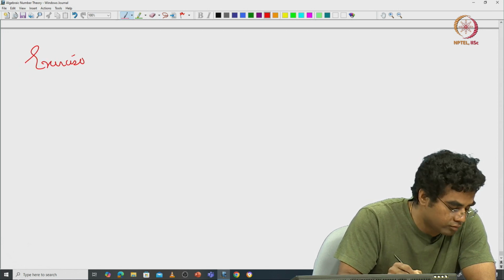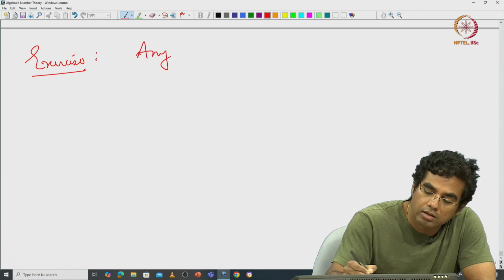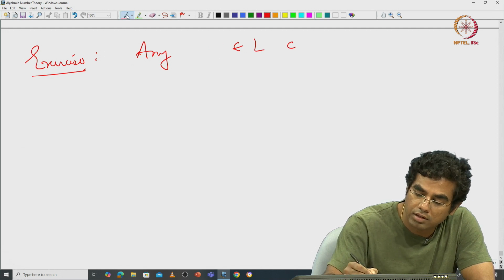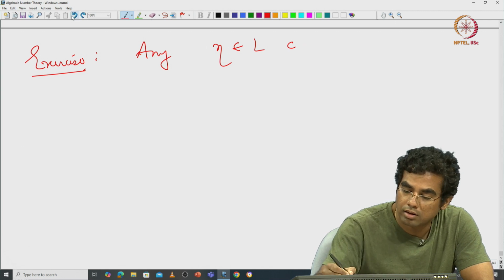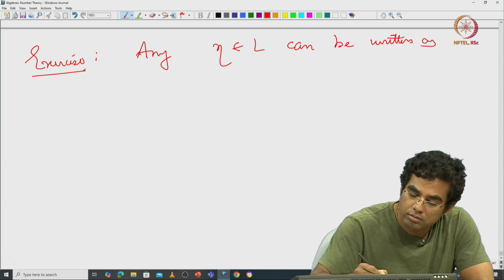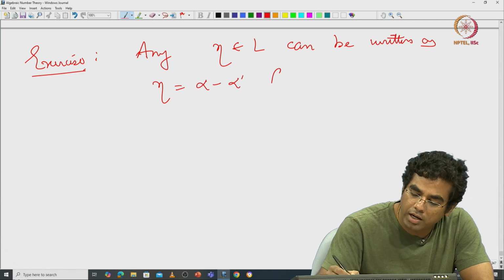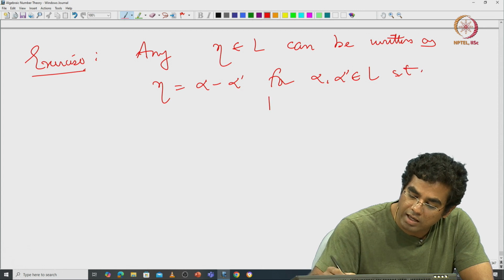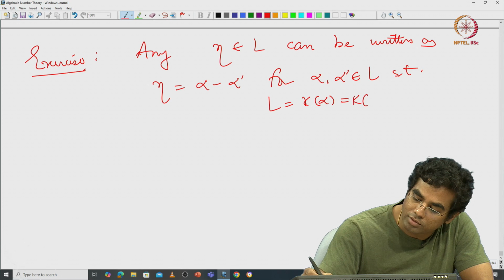Exercise: any eta in L can be written as eta equal to alpha minus alpha prime for alpha, alpha prime in L such that L is K(alpha) and it is also equal to K(alpha prime).